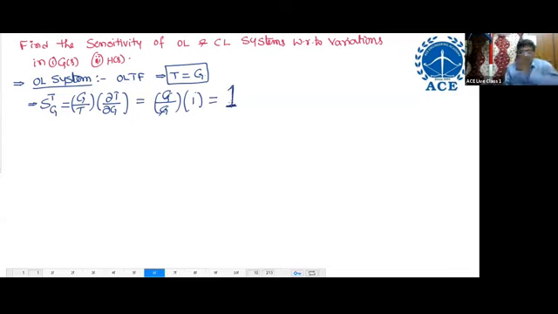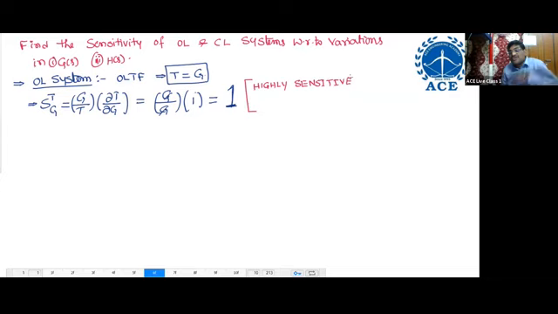Sensitivity 1 means highly sensitive. The system is highly sensitive.